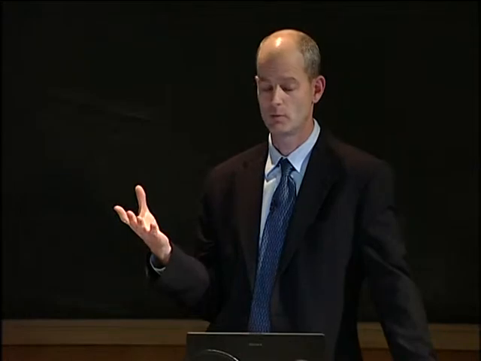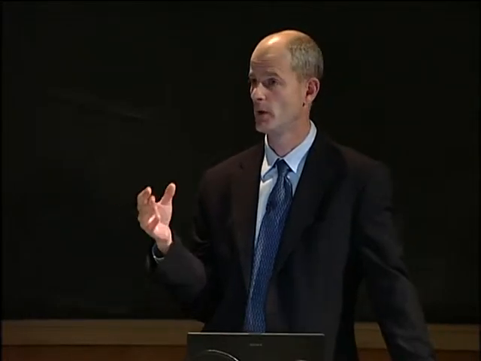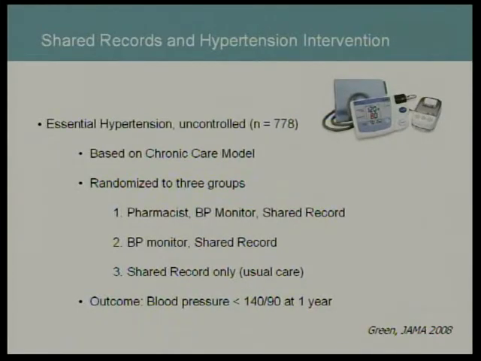We gave patients a blood pressure monitor to use at home, as well as access to My Group Health. Group 2 received the blood pressure monitor and the shared record. Group 3 had the shared record in usual care only. So everybody had the shared record, and the other 2 groups had different interventions.